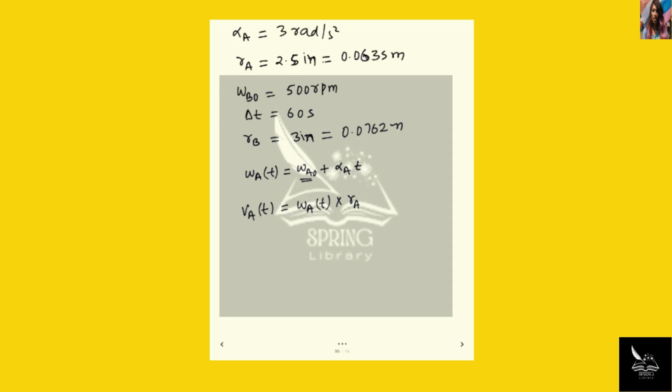Substituting the value of omega A, we get VA t equals omega A naught plus alpha A multiplied by t, multiplied by RA. After solving, we get omega A naught RA plus alpha A RA multiplied by t.